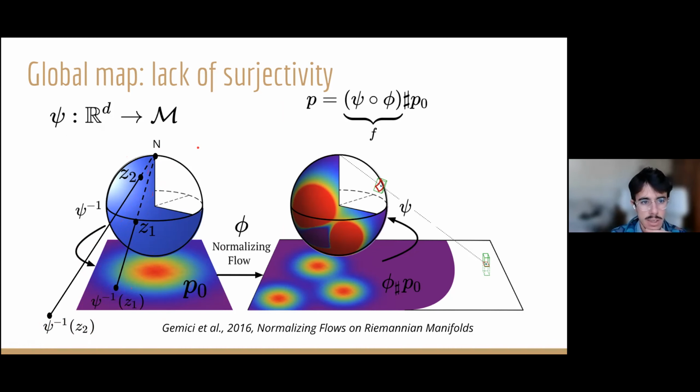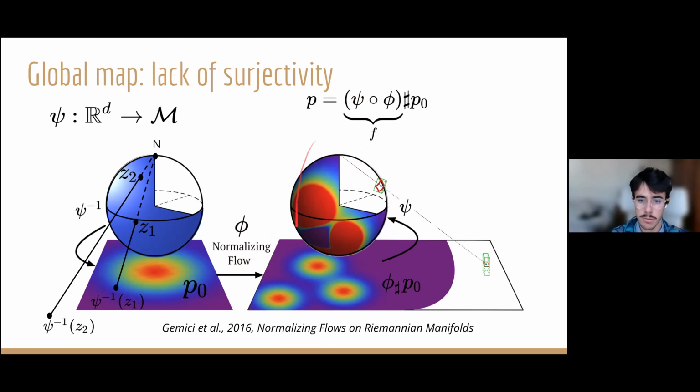And so the idea then would be to start with a simple 2D Gaussian distribution on the plane, then apply a standard Euclidean normalizing flow on that, and then project this back onto the sphere with the inverse stereographic projection. The flow here would be defined as the composition of this standard normalizing flow on the 2D plane and the inverse stereographic map.